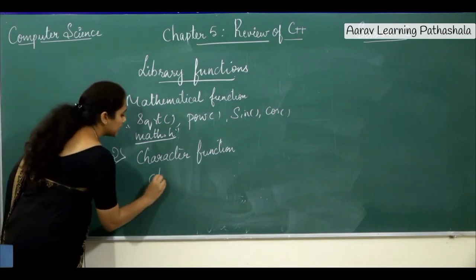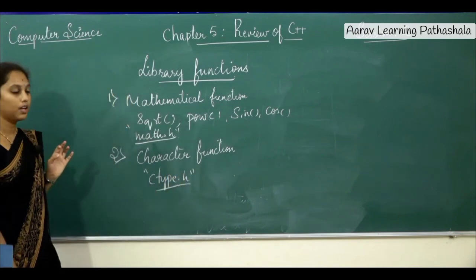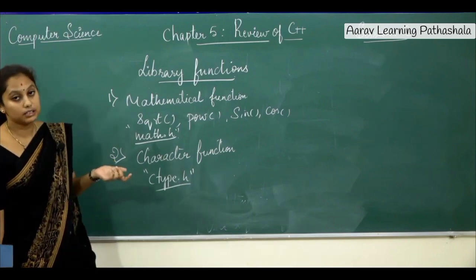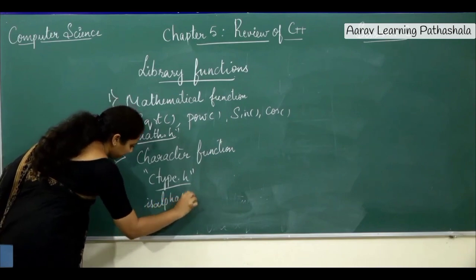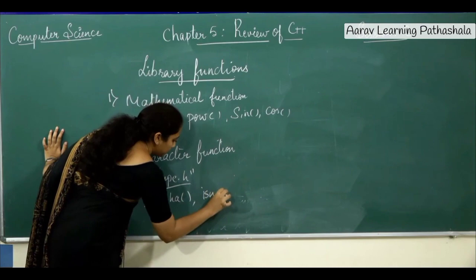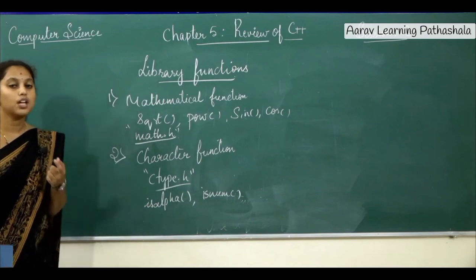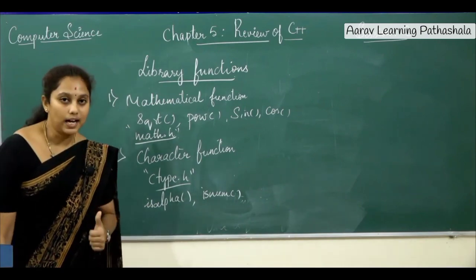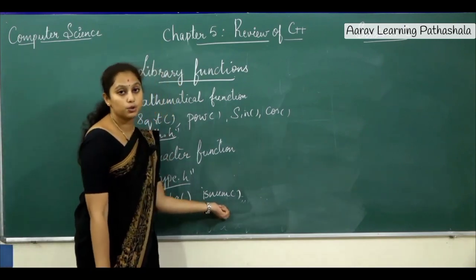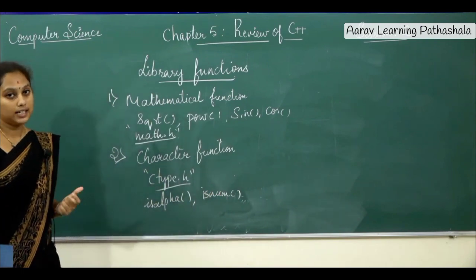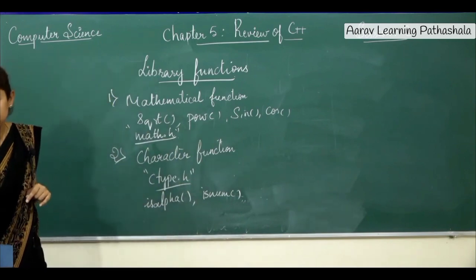Here we are using the ctype.h header file in our program. Some examples for character functions are isalpha and isnum. The isalpha function is used to check whether the inputted character is an alphabet or not. The isnum function is used to check whether the inputted character is a number or not. So this is about character functions.